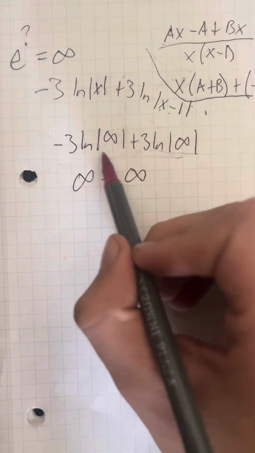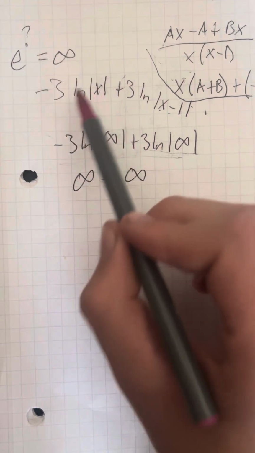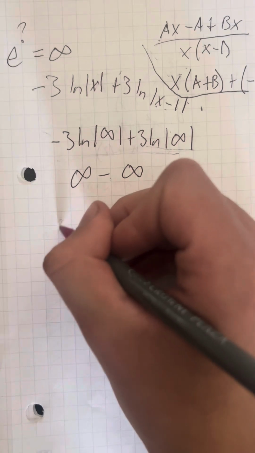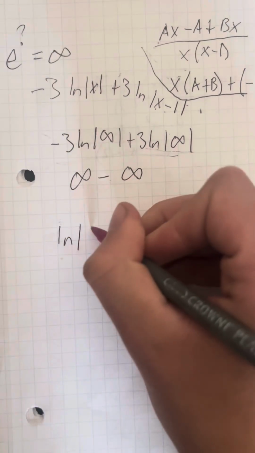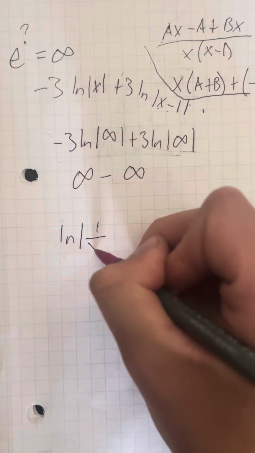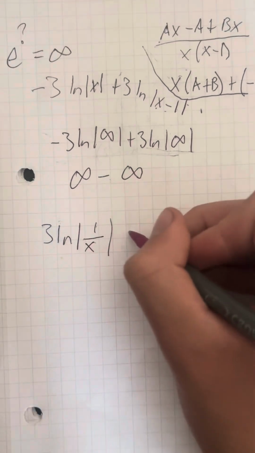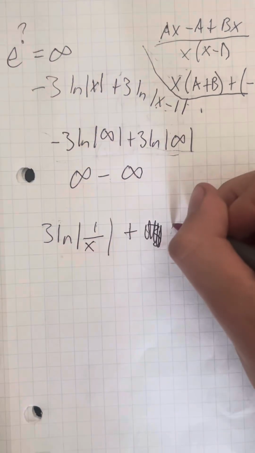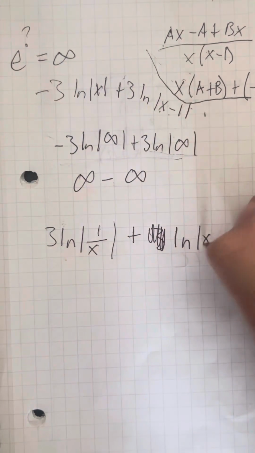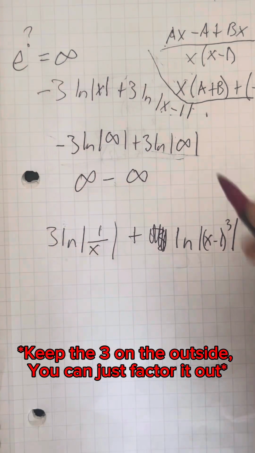So back here, if it's a constant times this, that's to the power of, which would give you ln of x to the power of negative 1, we're going to do that first. 1 over x, and there, we still have 3 left over, plus ln of x minus 1, in parentheses, to the power of 3. There you go.